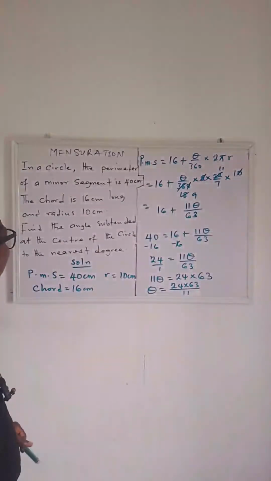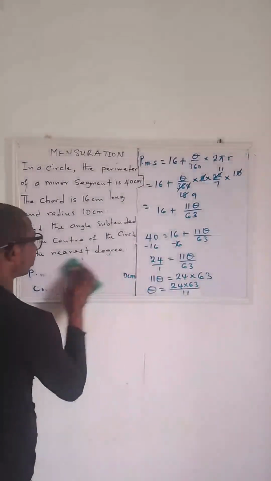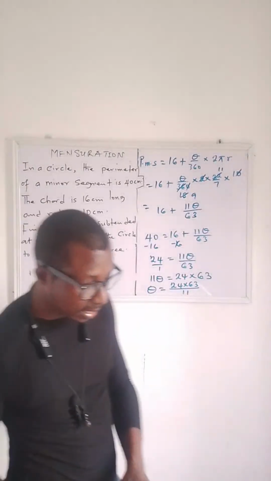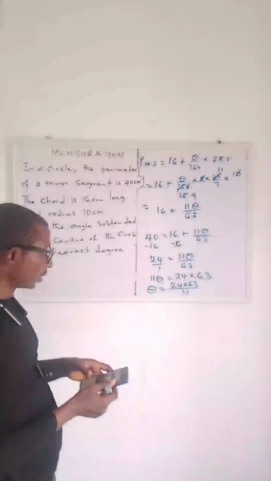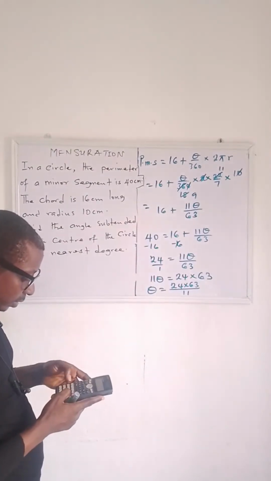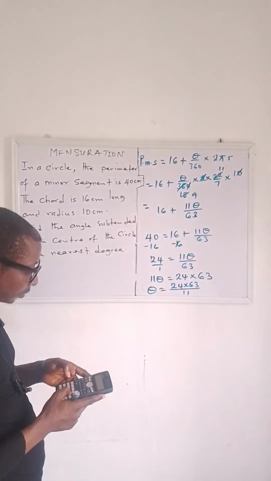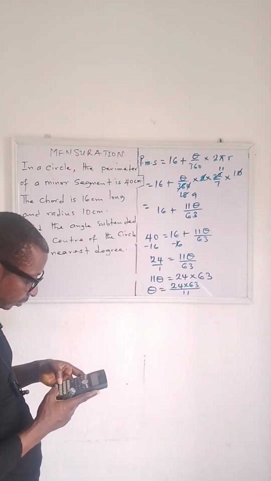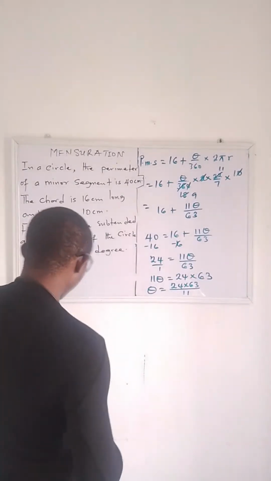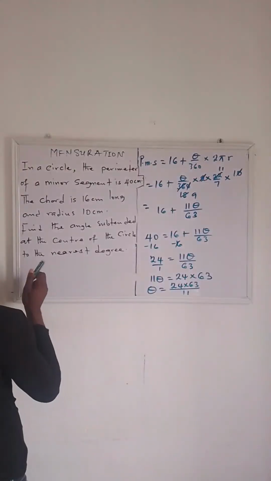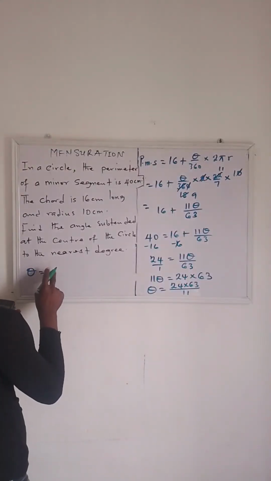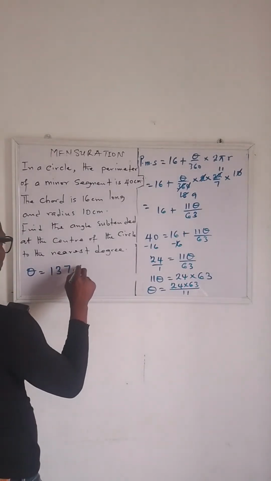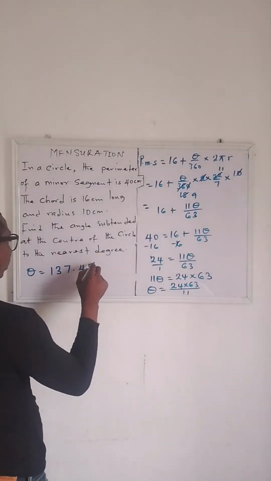Okay, so now let's evaluate that. If you evaluate that, what do you have? 24 times 63 divided by 11. So you have theta equals 137.45 degrees.